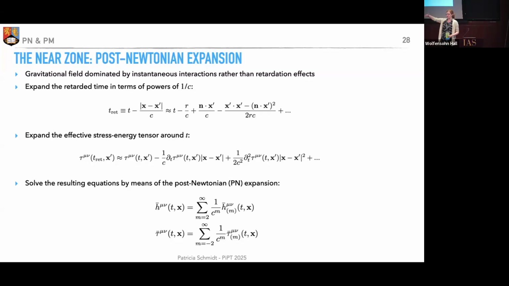We didn't have any bars when we were talking about the far zone. And so you find here my mth PN expansion, times 1 over c to the power m. And again, if we're looking at the expansion here, we're now starting at m equals 2. And we do the same on the right-hand side for our stress energy tensor.